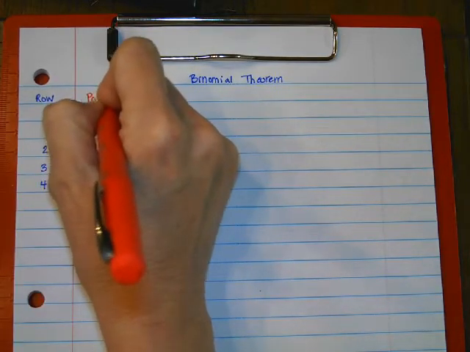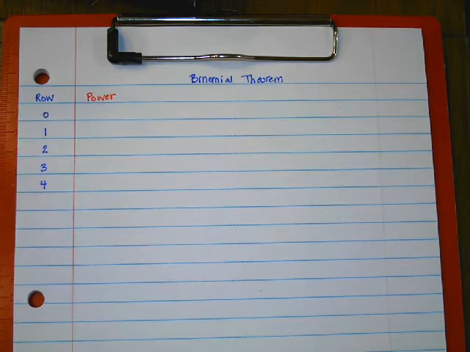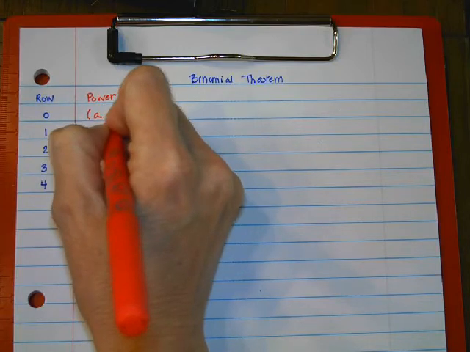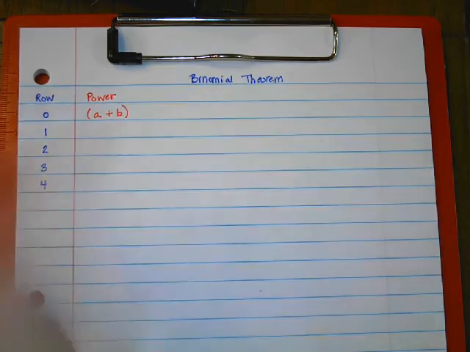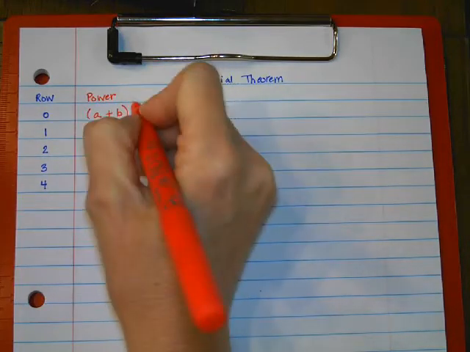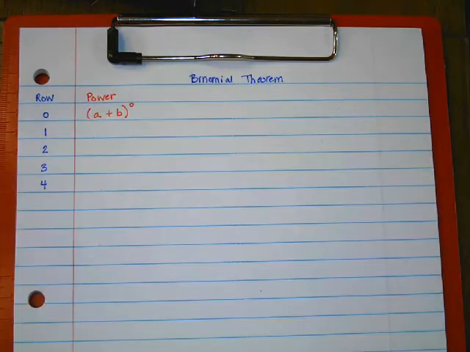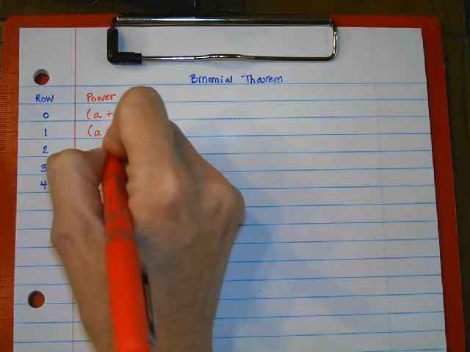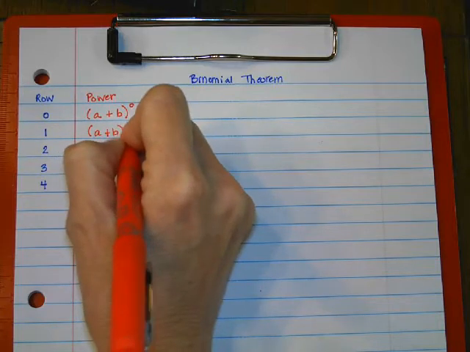That's what we talked about a second ago when I said degree of 0, degree of 1, 2, etc. So here we're going to have a binomial: some value a plus or minus b. Sometimes it might be a minus, so my b value might be negative. But this is going to be raised to the 0 power, so we don't have a power. Then we're going to take our a value plus our b value and raise it to the first power.